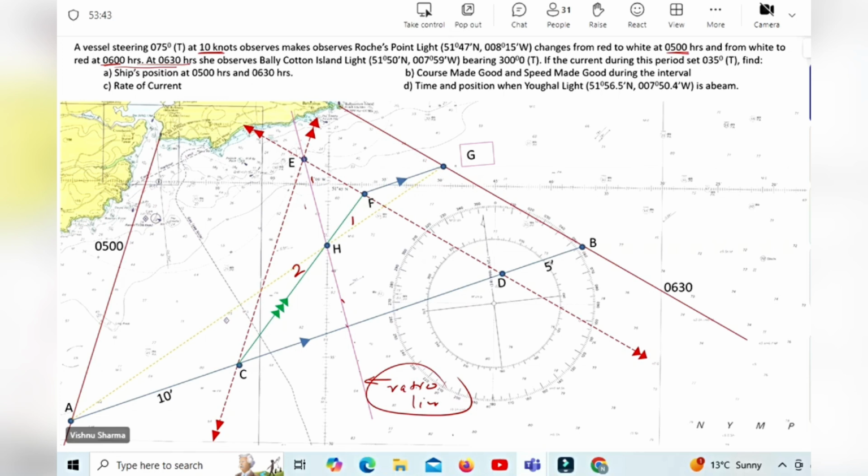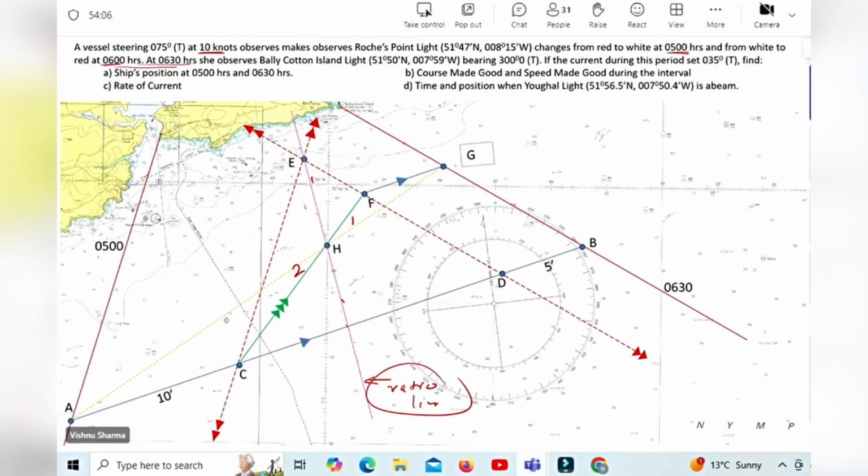Now we have come to the stage. So the vessel will be on this ratio line at the time of the second bearing. Why? Because we have run back the PLs and brought them to the time of the second bearing. So wherever it may be, the vessel will be on the ratio line at the time of the second bearing.